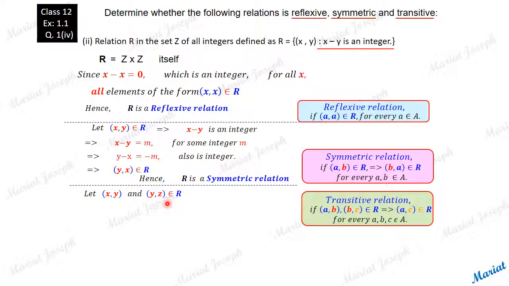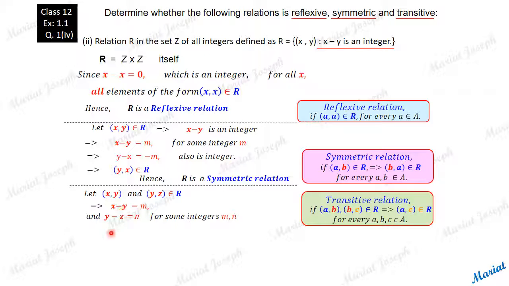If these two pairs are there, for this relation to be transitive, we should be able to get an element (x, z) in the relation. Let's see. We have already taken this kind of two pairs. Let them be there in the relation, which implies x minus y is an integer and y minus z is an integer. That is what these numbers should satisfy to belong to this relation according to the given condition.